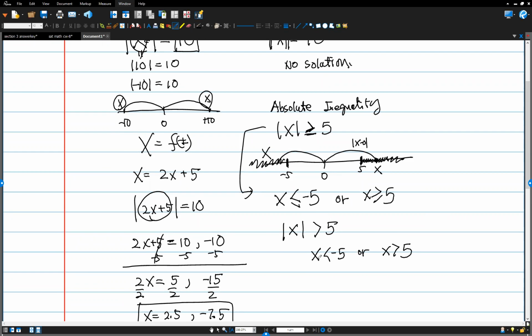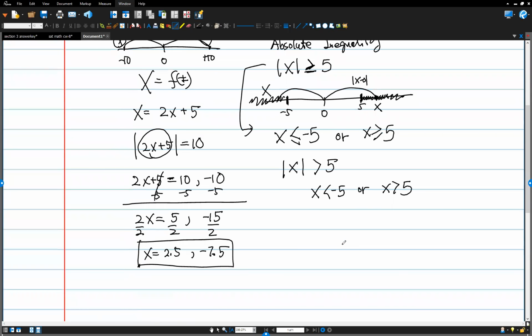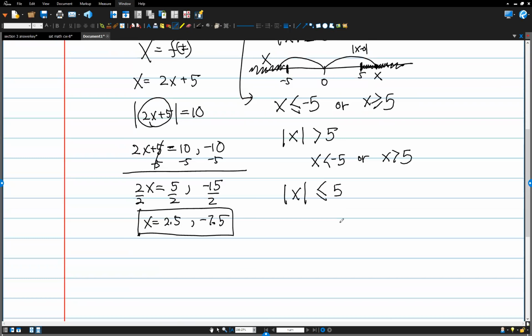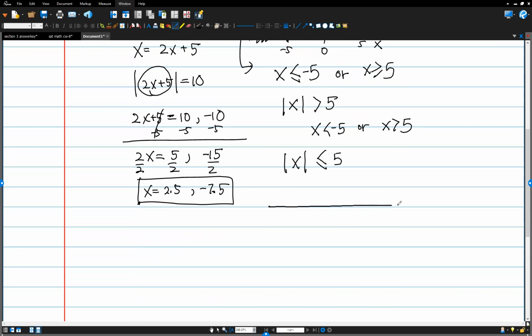All right, the last one. Absolute value less than or equal to some number, 5. The distance from 0 to x is less than 5. The endpoint is 5 over here, and negative 5 over here.